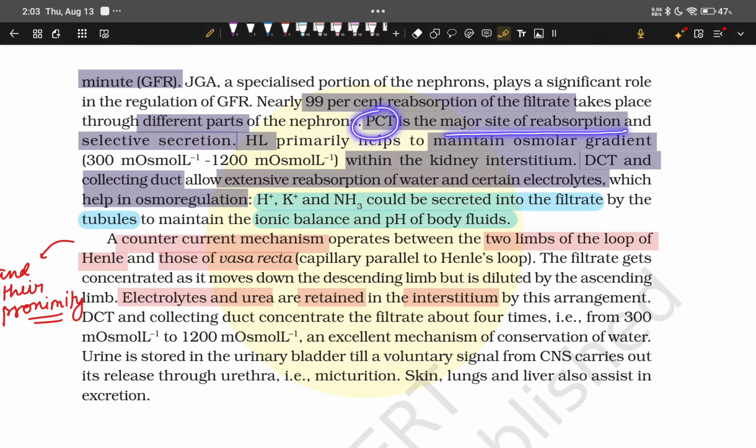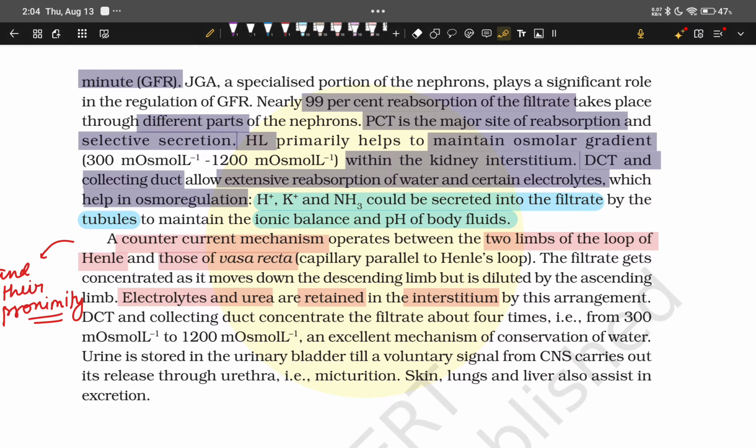So PCT is the major site of reabsorption and selective secretion. If I recapitulate, PCT is basically absorbing 70 to 80% of electrolyte, water, and all the nutrients, and it's also selectively secreting. Then loop of Henle maintains osmolar gradient.